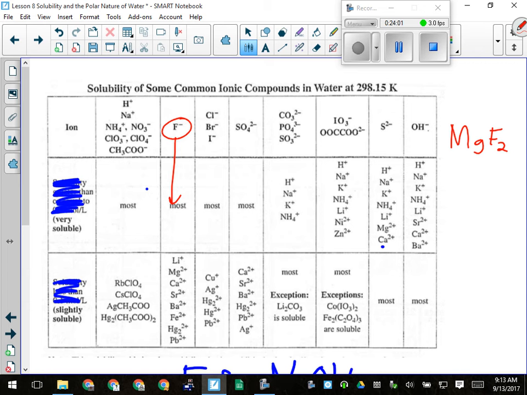So if it says "most," I have to look down below at the row of things it is not soluble with. I see lithium and magnesium. So this would be not soluble, or slightly. We'd basically just say not soluble. Magnesium fluoride would not be soluble in water. In other words, it would create a precipitate in water. All right, let's try this one here.